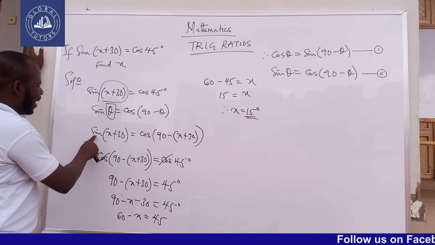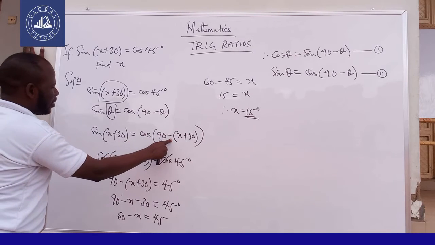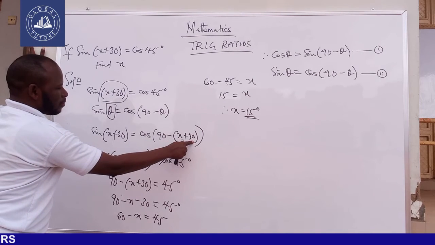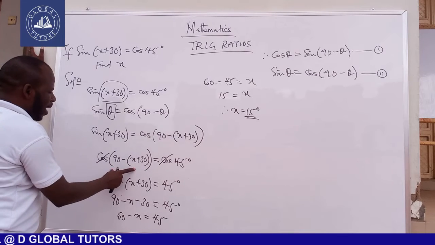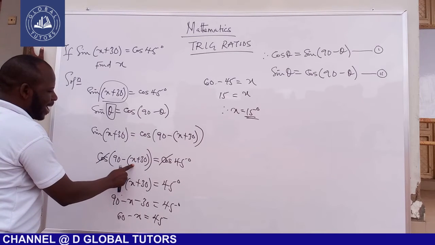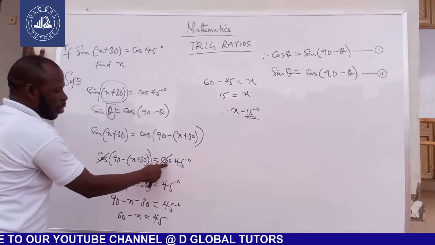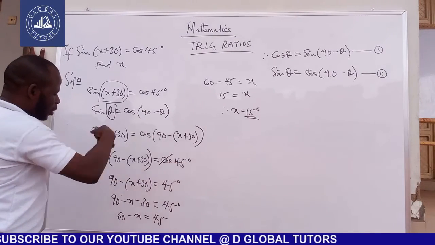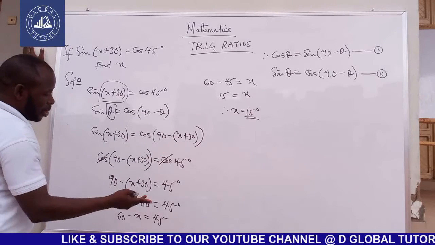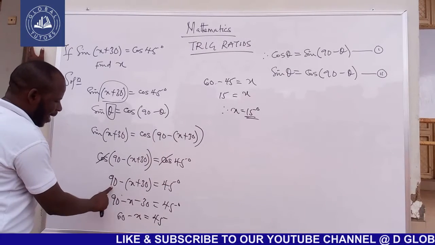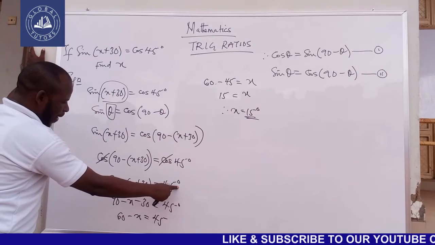So I can say sine (x + 30) equals cos (90 minus (x + 30)) equals the original question, cos 45 degrees. So cos of an angle on both sides, they nullify. We are left with 90 minus (x + 30) equals 45 degrees.